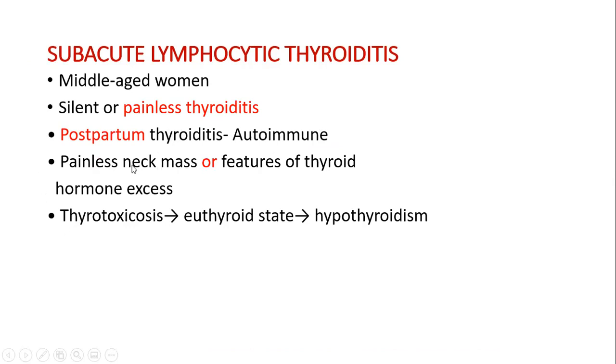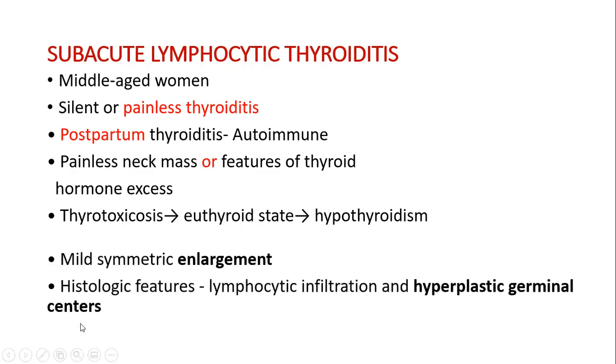You will see a painless neck mass, with features of thyroid hormone excess. Initially, in the same way, because of inflammation, thyrotoxicosis followed by euthyroid and then hypothyroidism. Mild symmetrical enlargement of the gland, histologically lymphocytic infiltrate with reactive germinal centers. So you have to keep this in the differential diagnosis of Hashimoto's thyroiditis.